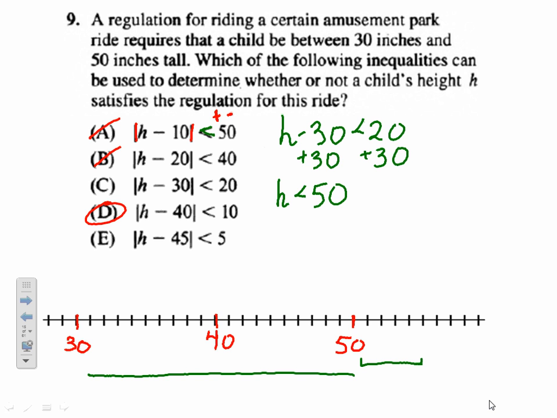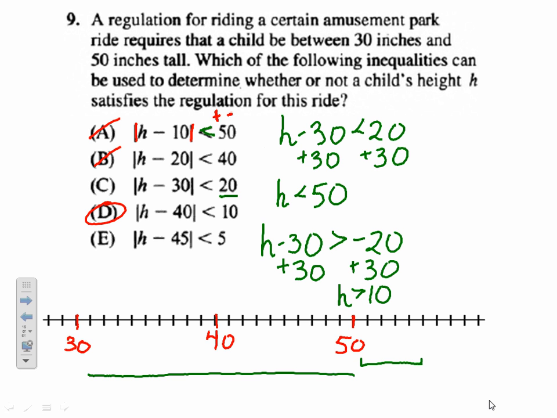Okay, so we're plugging in H minus 30, we're flipping the inequality sign to greater than, and we're changing the sign from positive to negative. And so this is where we'll run into a problem. So H is greater than 10, which is not true because we know that the heights between 10 and 30 are not sufficient for this ride.